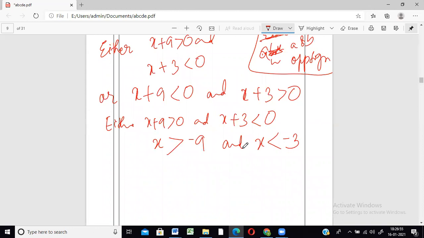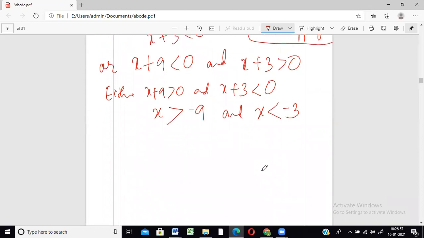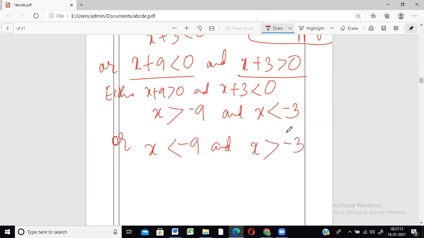Okay, so x is greater than minus 9 and x is less than minus 3. That is one equation. And what was the other, this second one. And x will be less than 9 going that side, it will be minus 9, and x will be greater than 3 going that side, so it will be minus 3.